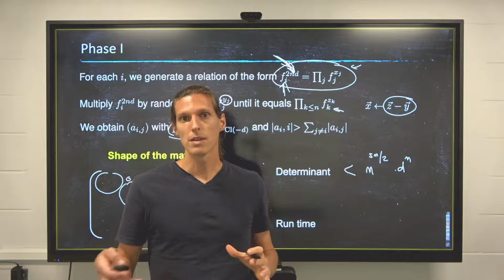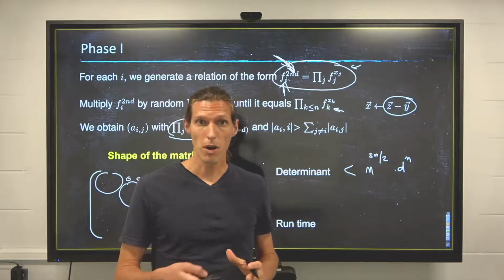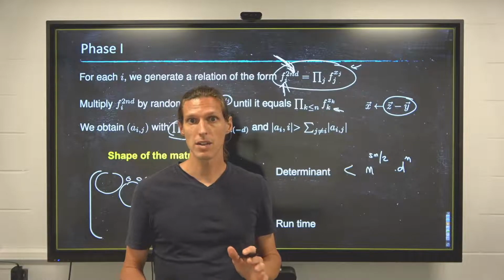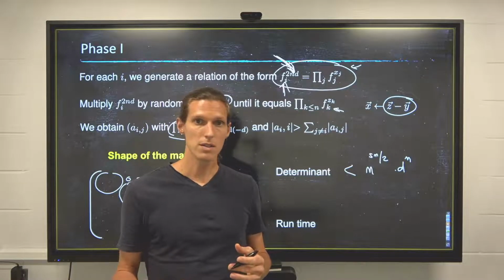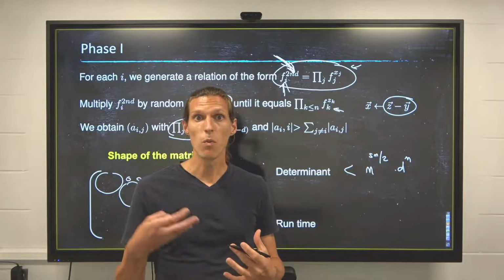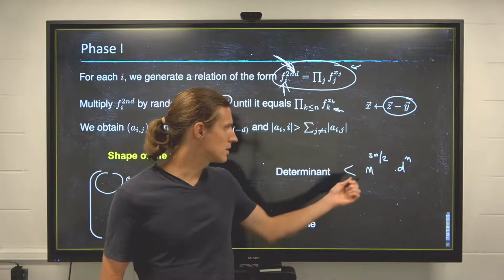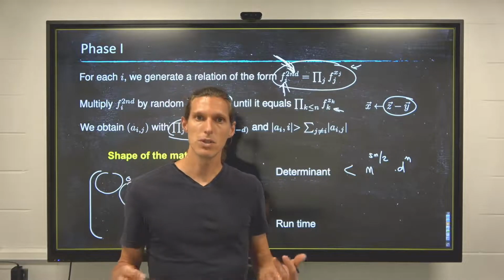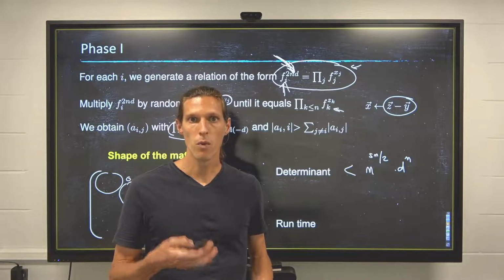But we know that normally for the class number, from the Euler product, we expect something along the lines of square root d. So the log of the determinant that we want is essentially O of log d. Here instead we have something that's sub-exponential in log d. So we're really, really far away from what we want.